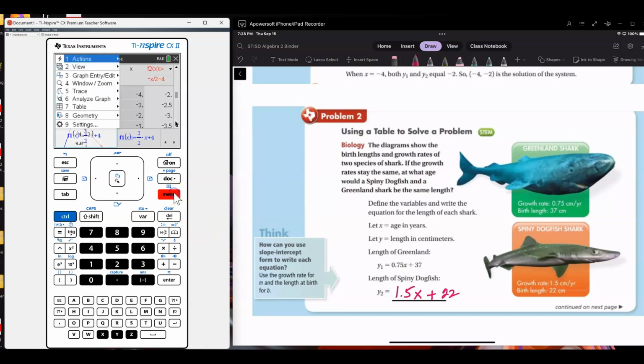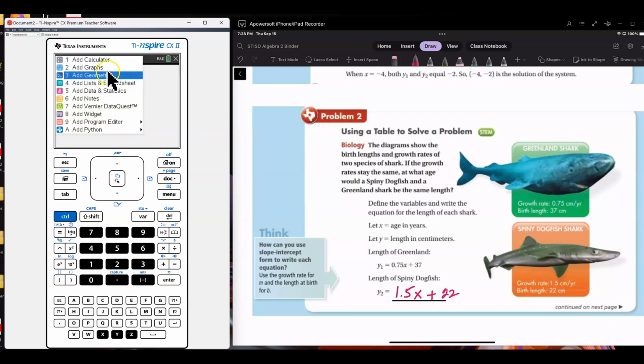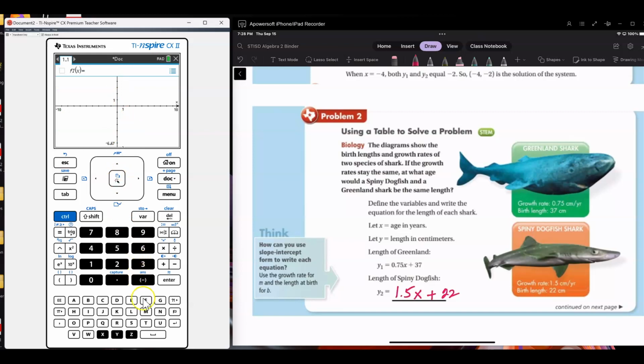I'm going to go to the menu, and escape. I'm going to type in new graphs. So I'm going to type in 0.75, which is the rate of growth per year, x plus 37.